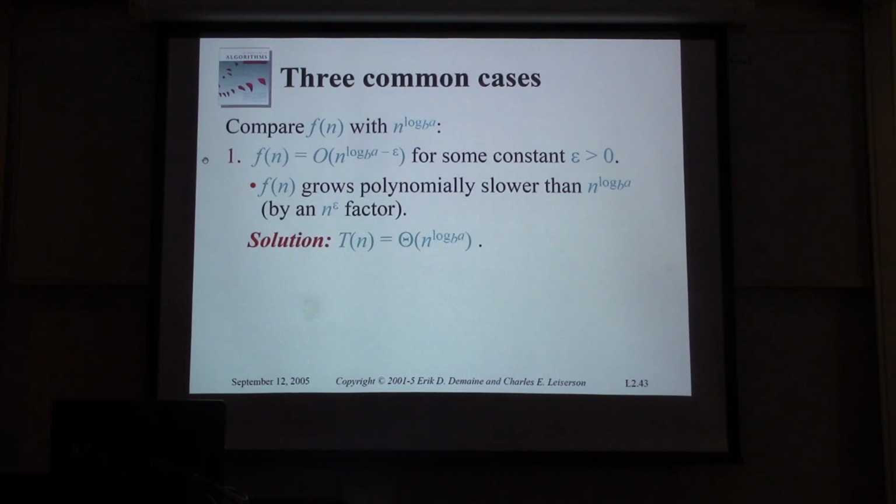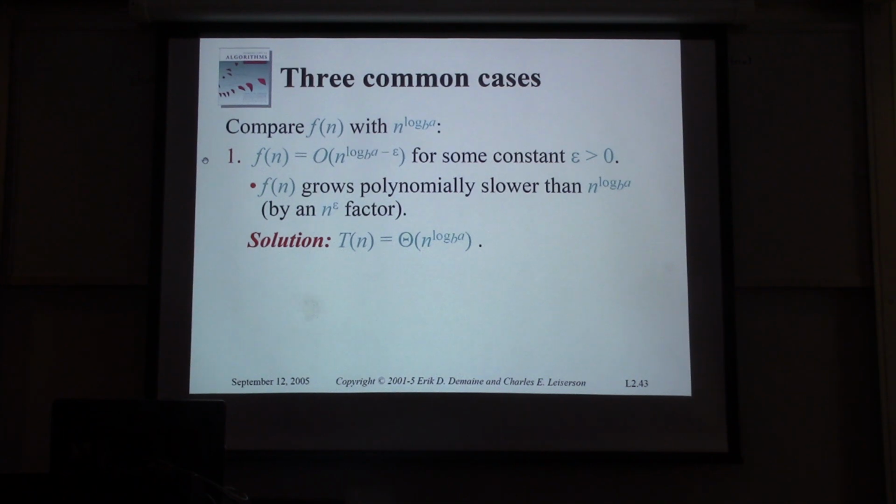Keep in mind that to make them equal here, we would have to multiply this by n to the epsilon, and then you would have a bigger function here. So this is the polynomial difference between the two algorithmic complexities.